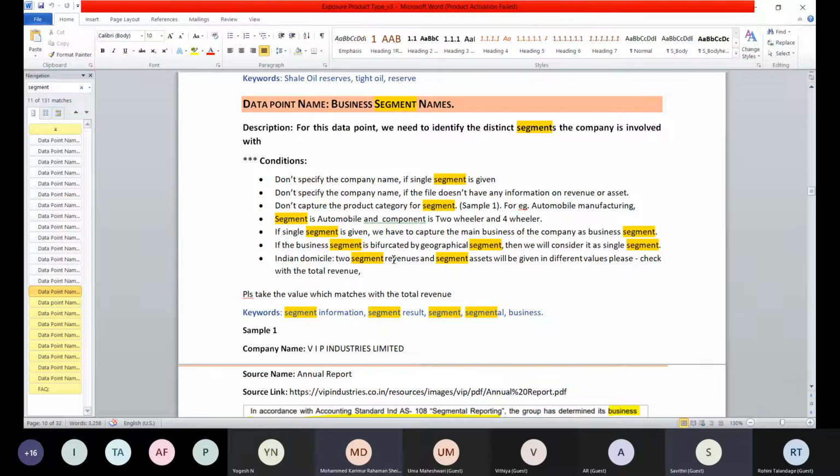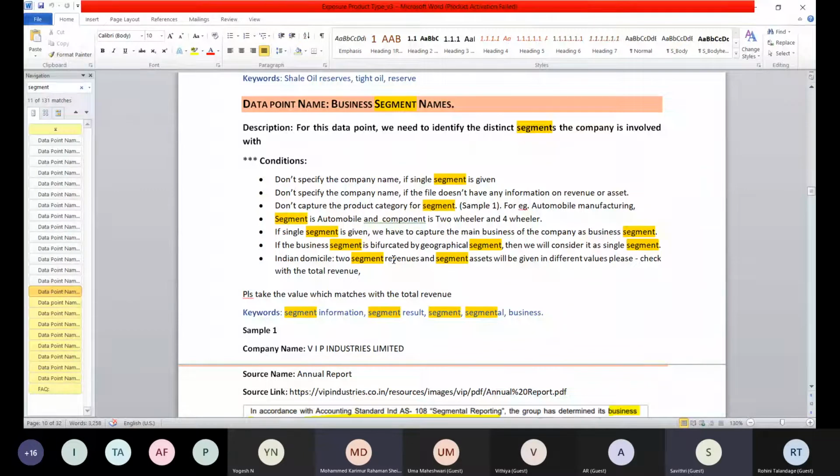If searching with keywords you are not getting any business segment, the next way is, if you have the company's total revenue in your report, you can copy that value and paste it in the report search, like Control F. If you find that exact value, it will give you some hits showing where the value is disclosed in the report, and by that value you can get the segment breakdown.